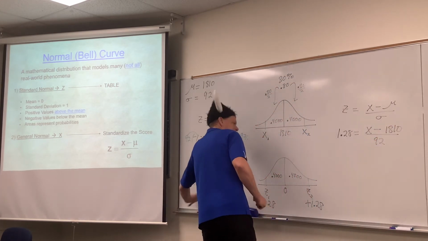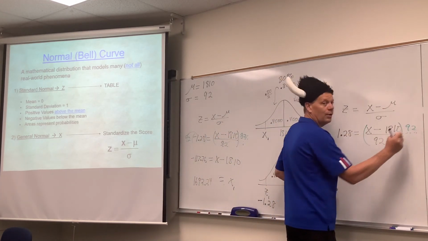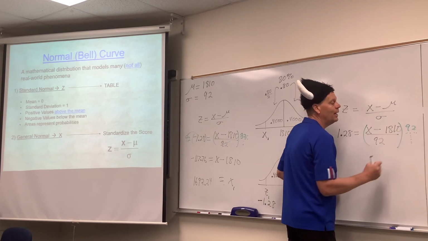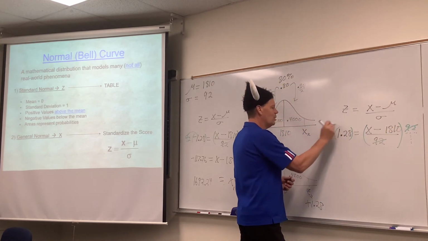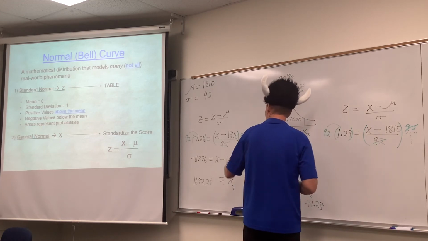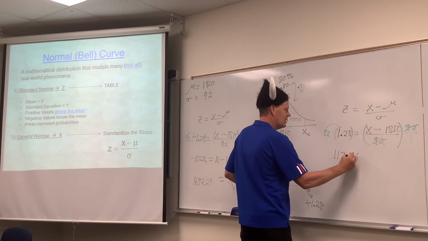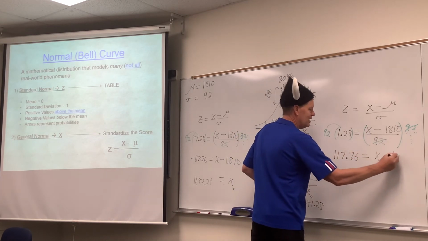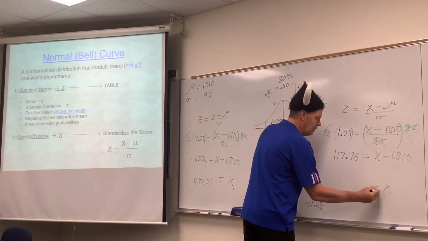All right, clear fractions. Multiply both sides by 92. Over 1. Cancel, cancel. And over here, when we take 92 times 1.28, well, it should be the same number, except in this case, positive 117.76. And that would equal x minus 1,810. And then you add the 1,810 over and get that value of x.